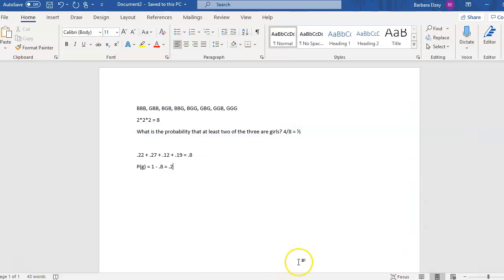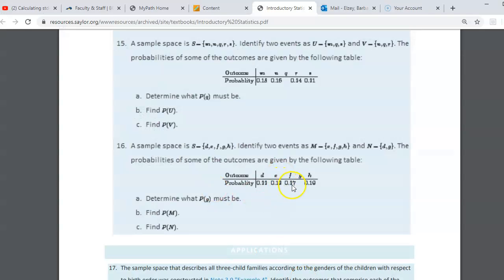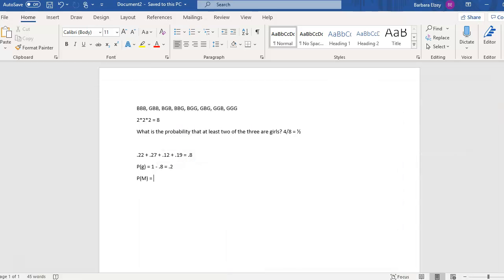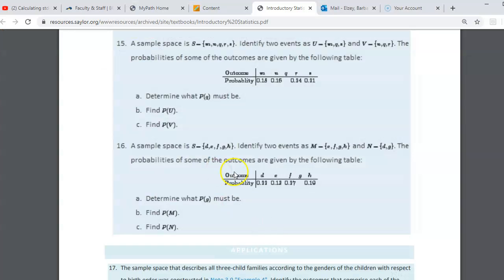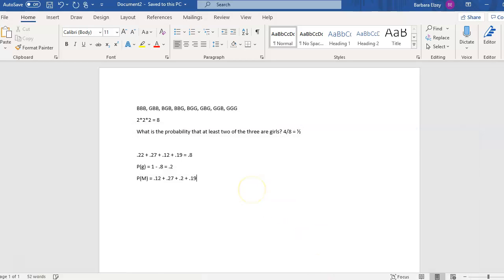The probability of the event M is equal to 0.12 plus 0.27, G was 0.2, and then our last one was 0.19. And let's add all those up. And that probability is 0.78.